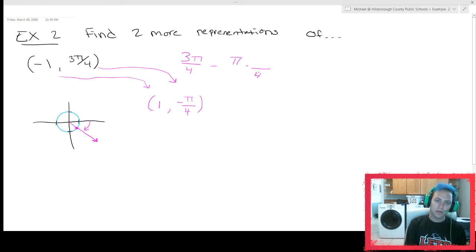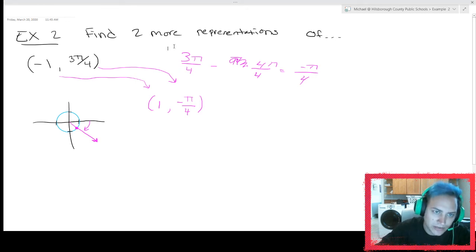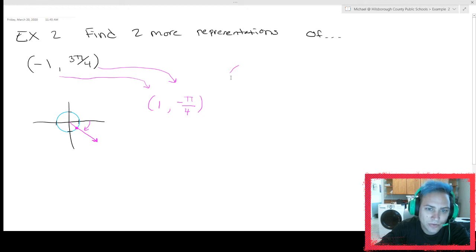So I multiplied by 4 on top and bottom. So this becomes 4 pi over 4. And 3 pi over 4 minus 4 pi over 4 gives me negative pi, and then the 4 stays, so I get negative pi over 4. That's essentially what just happened there. But you can see, if you understood what we did in example 1, it's the same thing.